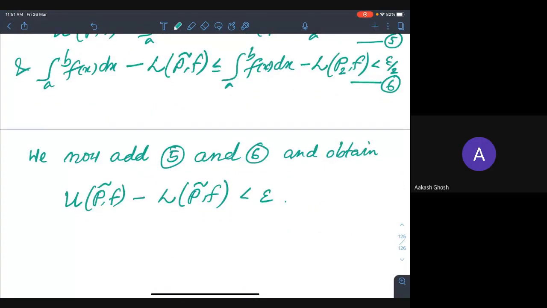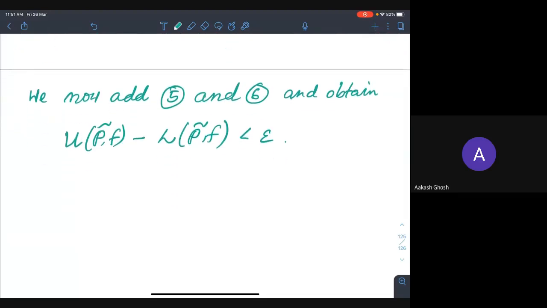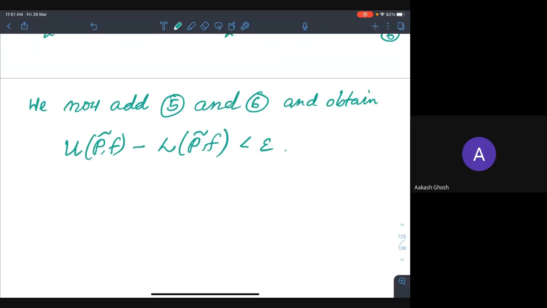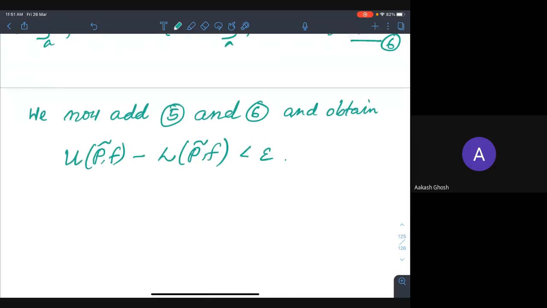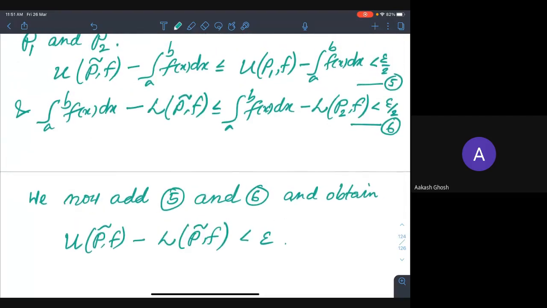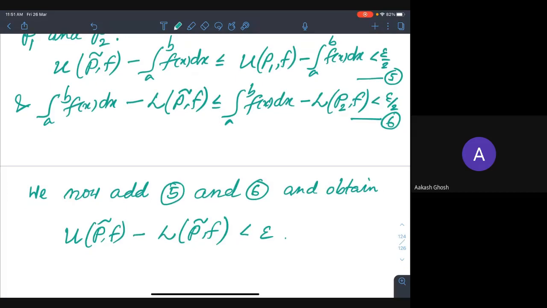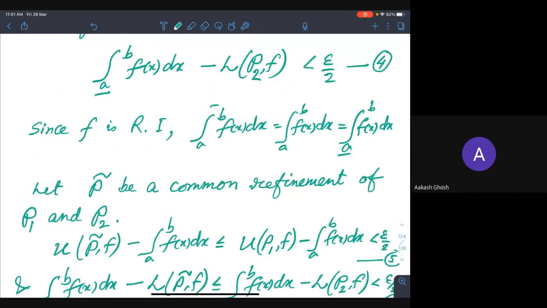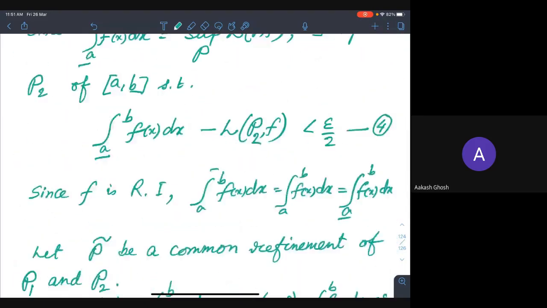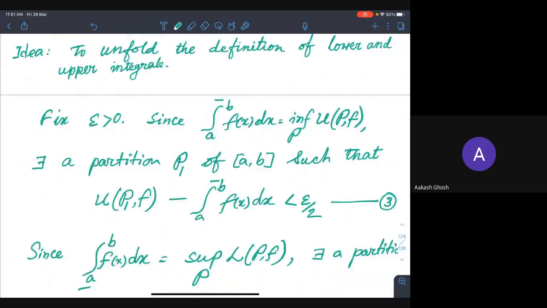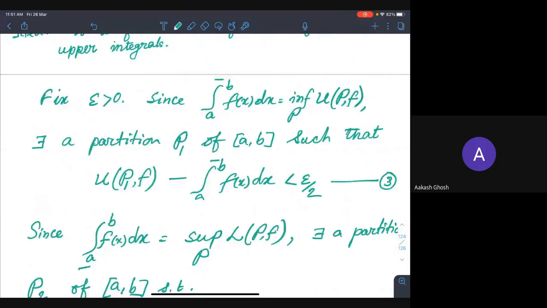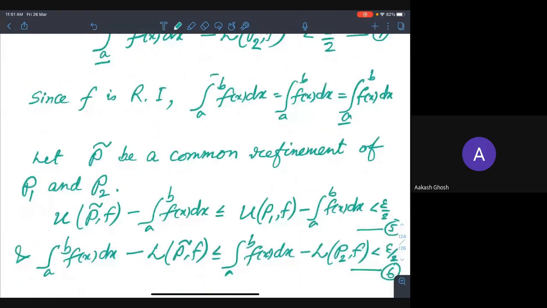Oh, who was it? Sir, I'm Akash. Oh, you're Akash. Did you read integration and the notes? No, sir. I did it in first year. Oh, okay. Yeah, anyway, that is fine. So your actual idea is just making this formal.